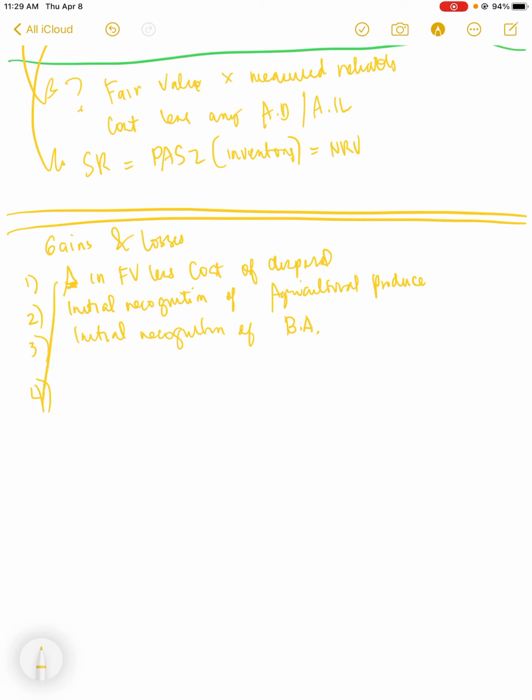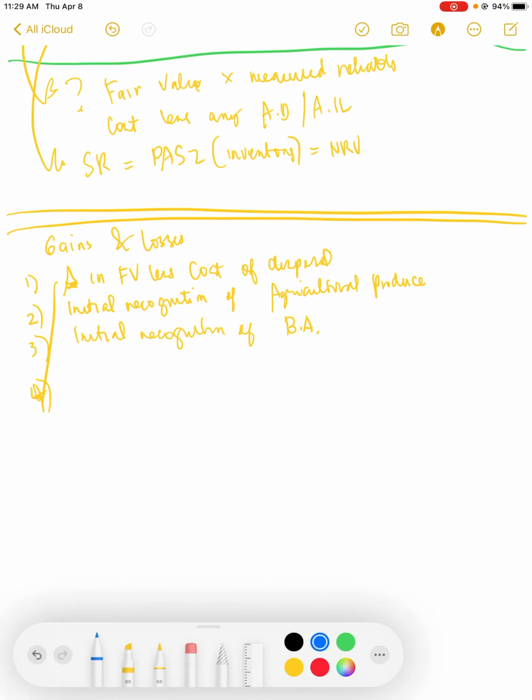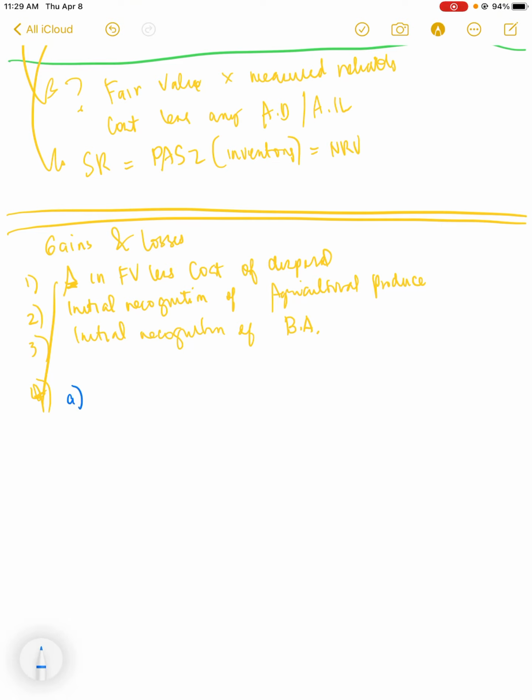Okay. Now, let's talk about naman gain or losses on changes in fair value. So, di ba sabi natin dito, meron tayong changes in a fair value less cost of disposal. Okay? So, saan ba nanggagaling or ano ba yung reason bakit nagkakaroon ng change sa fair value? Okay po. So, yung changes ng fair value natin might be first due to price change. Ibig sabihin, literally, ang nagbago ay yung presyo.